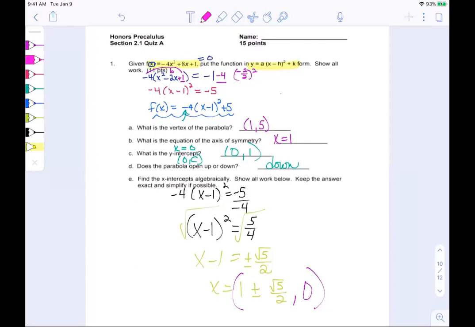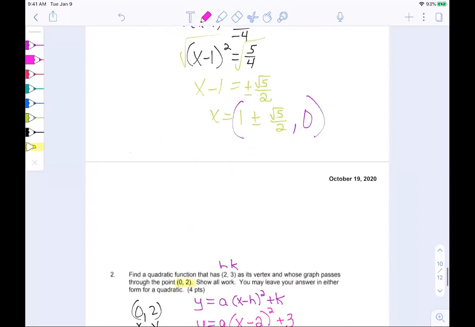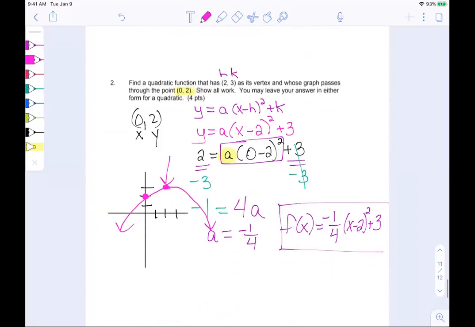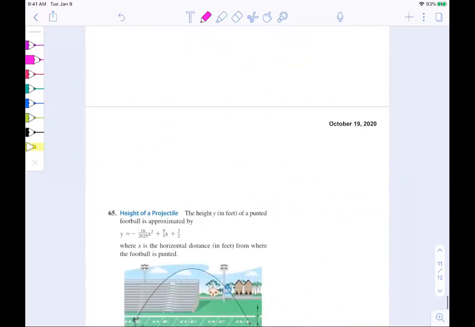But try to look at that process of completing the square and then answering the parts to the question. It's a pretty big problem. There's a lot involved in finding all of the parts of a parabola. So if you look at your homework, see if you can pull out number 65.